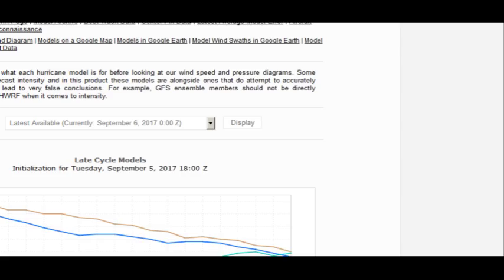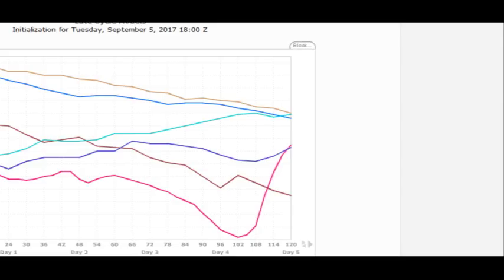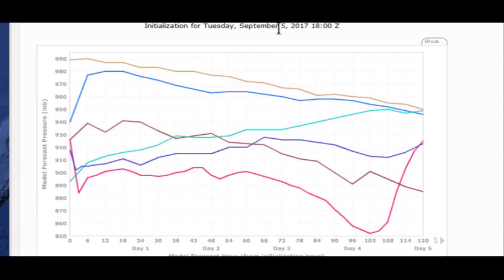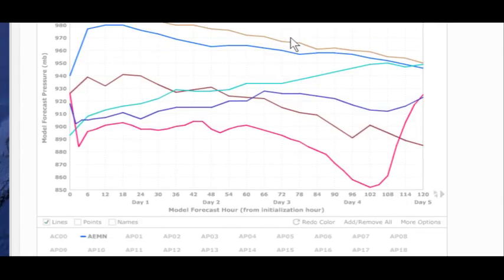So anyway, here are the late cycle models. September 5th at 18Z, okay. Let's see, NAVGEM up at the top there.